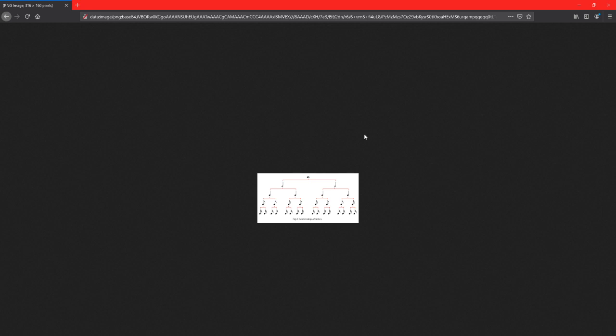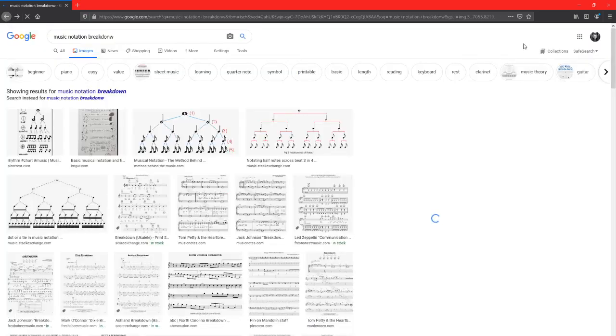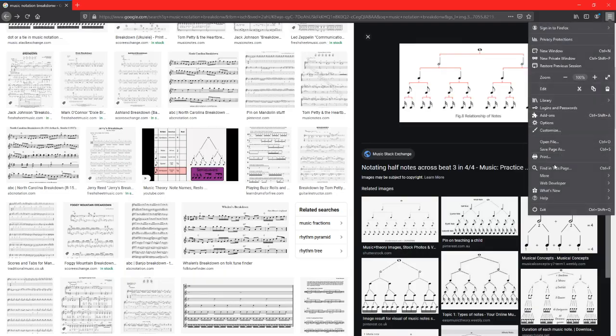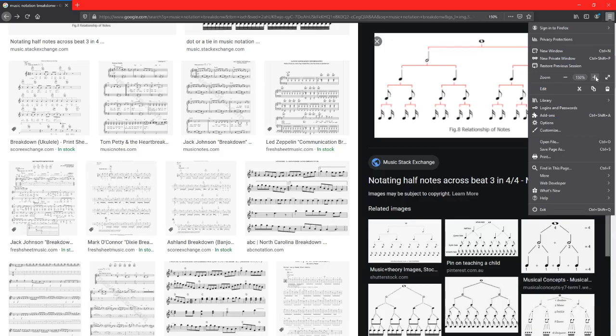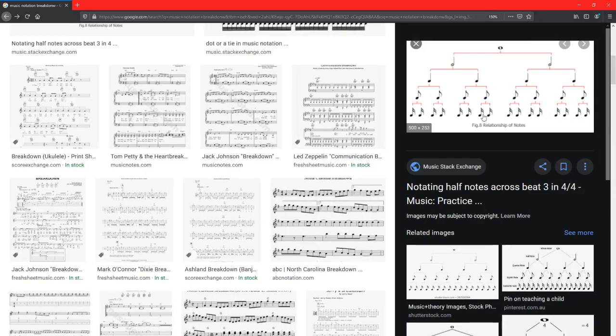All right. Maybe I could do that this way. Maybe this will work. Yeah. Perfect. So this, remember I was talking about the bars, right?